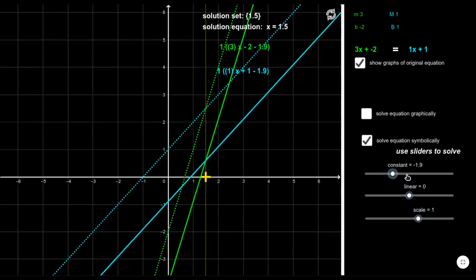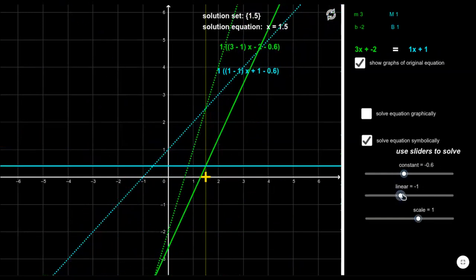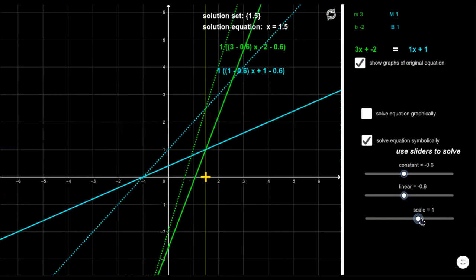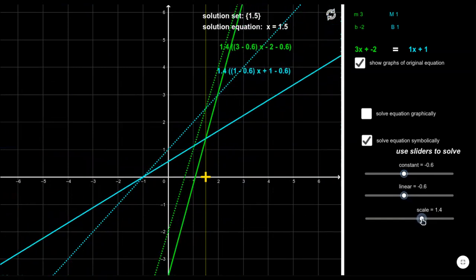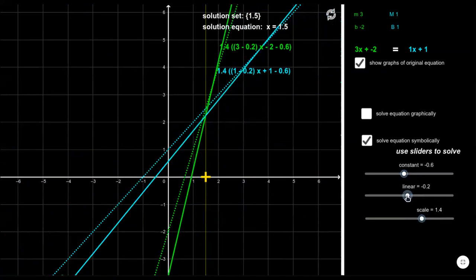Or you can use this for making it exactly coincide with the dotted lines that are already there on the graph. That's the idea.